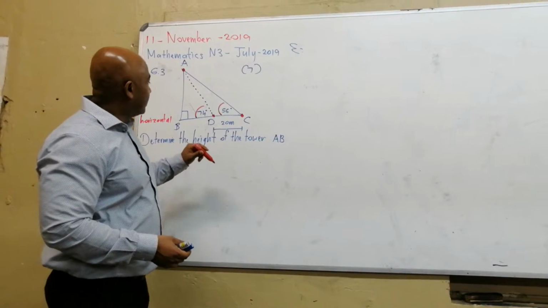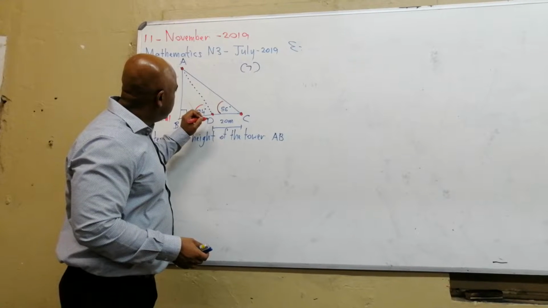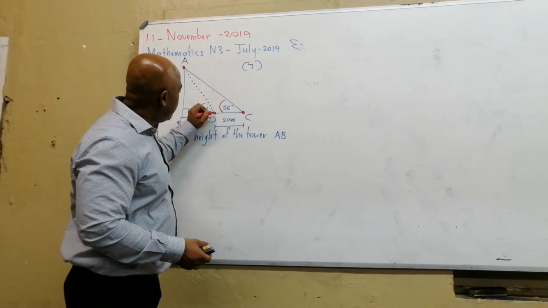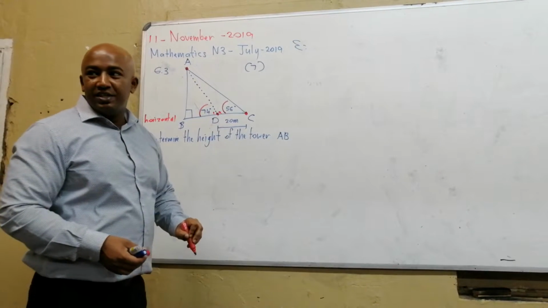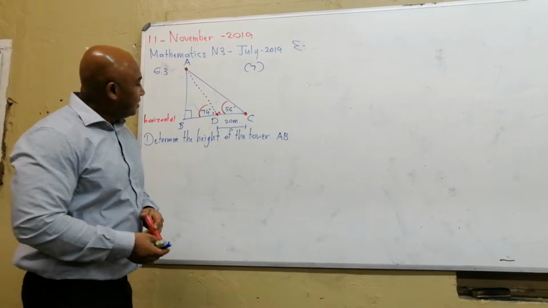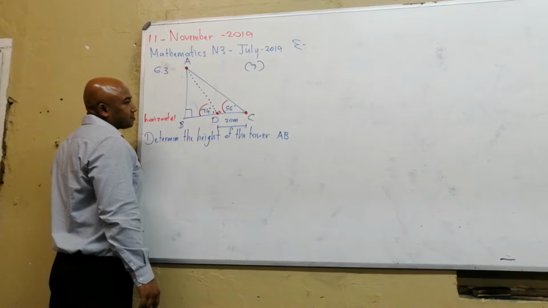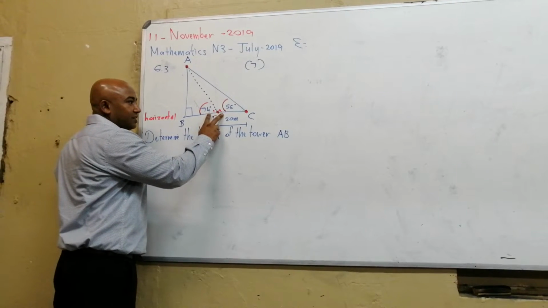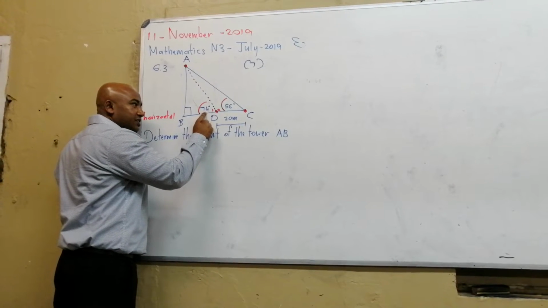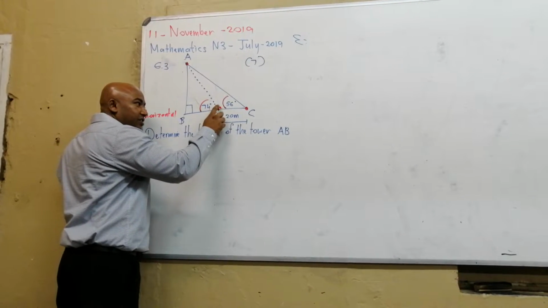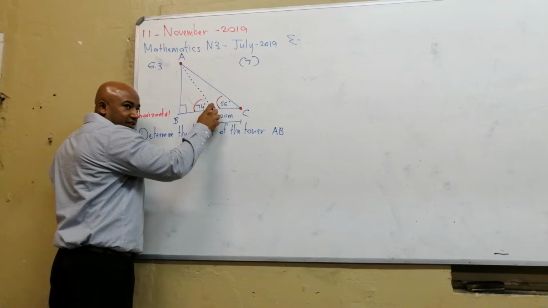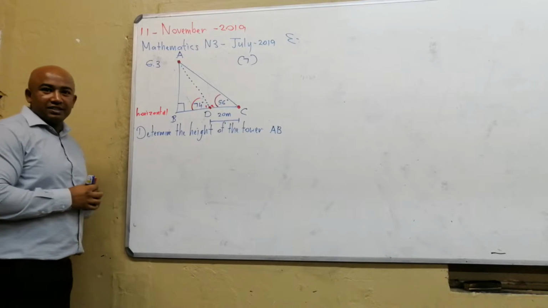So let's call this D1. Let's call that D2. Alright. Why am I doing that? Because I can use this information, 74 degrees, in order to work out this angle here. Can you see that? How will I do that?